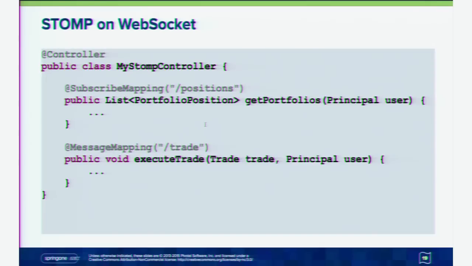A principal is the security principal. We know about that, so you don't have to declare anything. We're just going to inject it for you. And the trade object is a payload object with no extra metadata given. Similar to Spring MVC, we would just take the incoming message and convert it into this straight object for you based on the registered message converters.